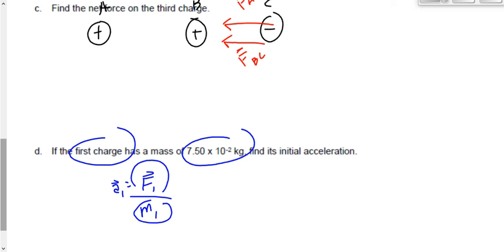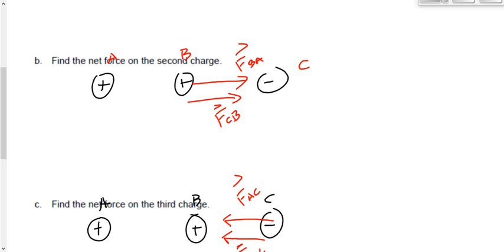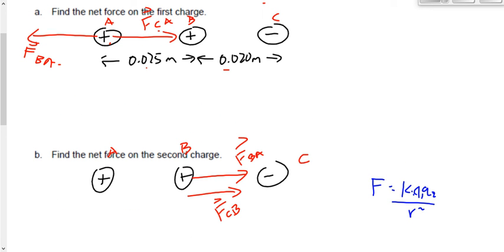Yep. So when we add the forces together, yes, that's a good question. When we're plugging values into the equation for kQ1Q2 over R squared, we do not plug the signs of charges in. But when we're adding forces up, like for instance in question A, F net is equal to FBA plus FCA.